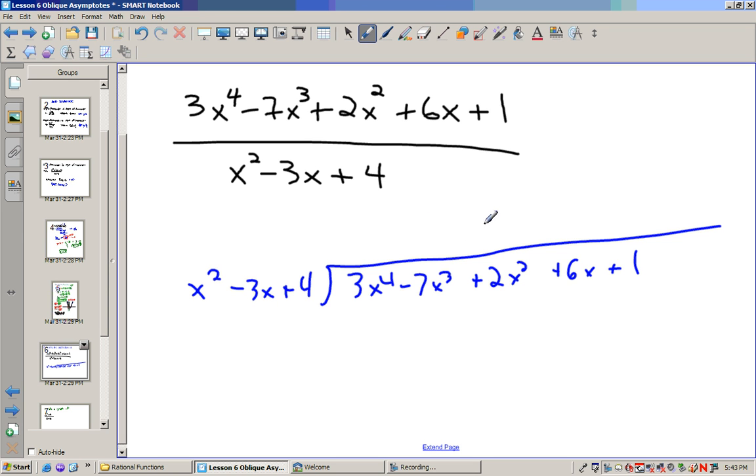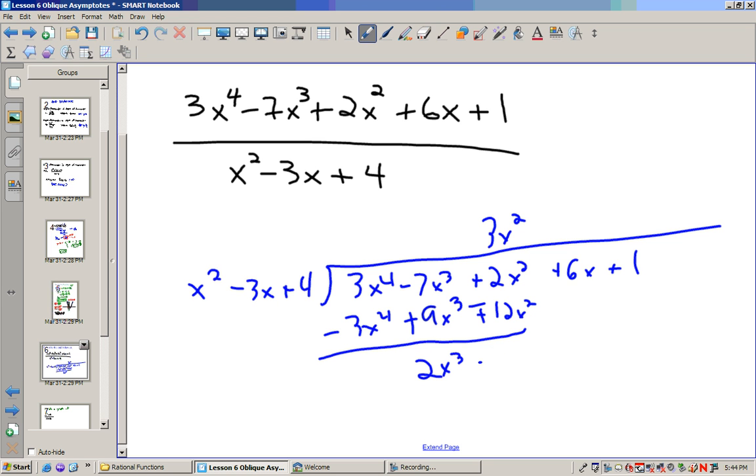Alright, I got 3x squared. This would be 9x to the 3rd plus 12x squared. Now when I subtract, I'll change all those signs. So now I have 2x to the 3rd minus 10x squared plus 6. What times x squared is 2x to the 3rd?